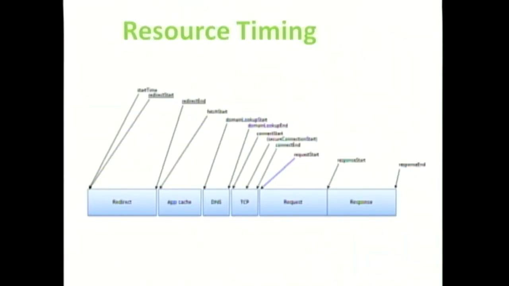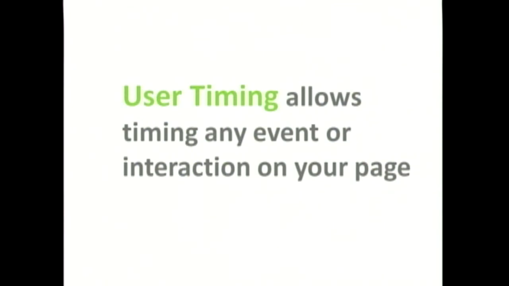But there's more than just the page download itself. There's Resource Timing, which provides more or less the same information for the individual resources on your page. So it's not just the page, it's all the images, CSS files, and so on, where you get the same information for those as well. And another specification, User Timing, actually allows you to time any event on your page.